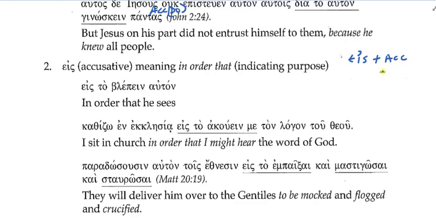So it would be eis to infinitive, right? So eis to blepein auton means in order that he see or sees. Here, my accusative noun is the accusative subject of the infinitive. But the eis has the meaning of in order that here.